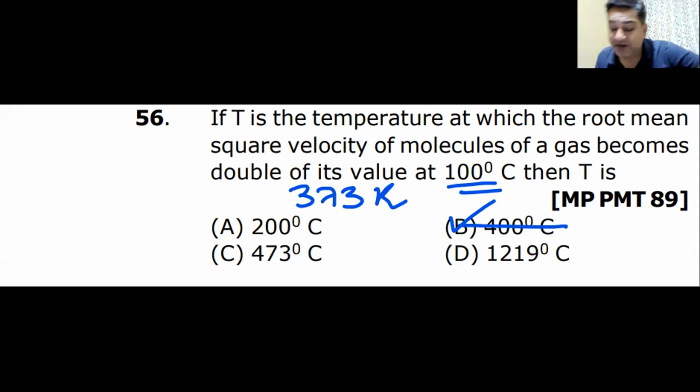This temperature has to become 4 times. So I multiplied by 4. That will be the answer in Kelvin, but the answers are given in terms of degrees Celsius. Only one answer is coming anywhere close to that, and that one answer which is the correct answer is which one?